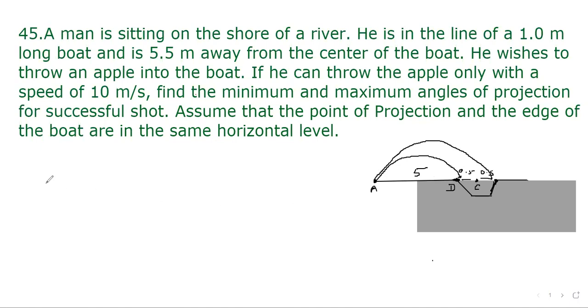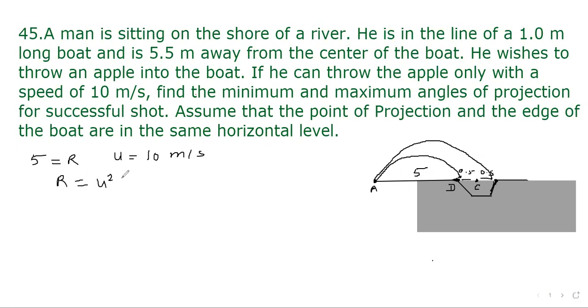So let's consider the first case. The horizontal range, this time we are taking as 5, so R equals 5. And the speed is given as U equals 10 meters per second. Now we apply the formula for horizontal range.